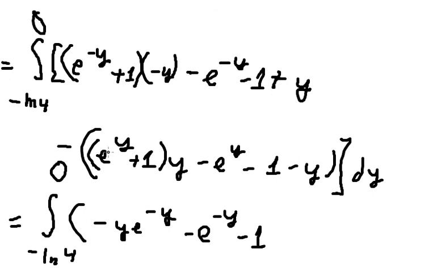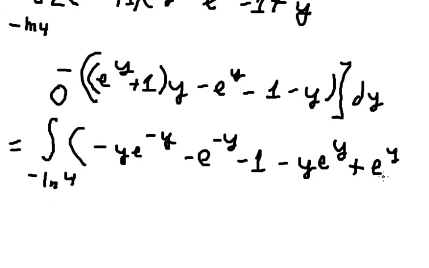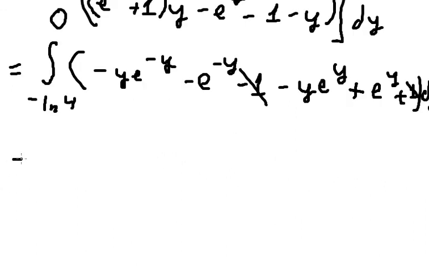This one we have negative y e to the power of y. Positive y, negative y they cancel. This one negative with negative we have positive e to the power of y. Negative number 1 with negative you got positive number 1. So negative number 1 with positive number 1 we cancel. Now we just have this one left.